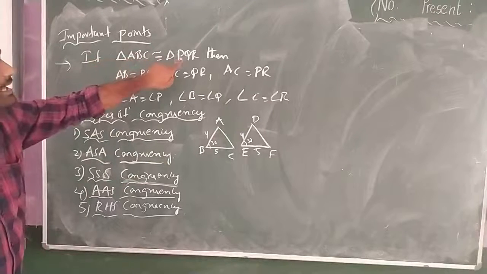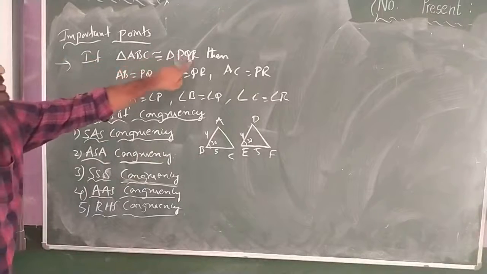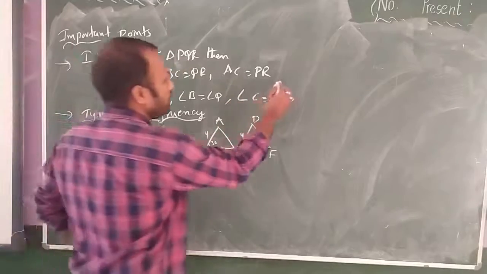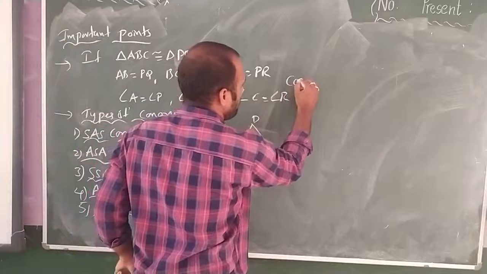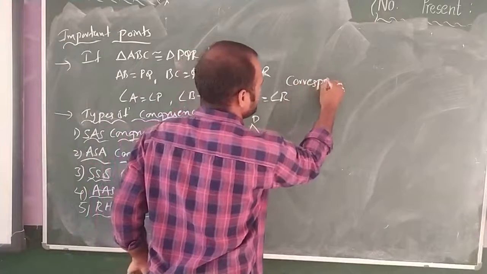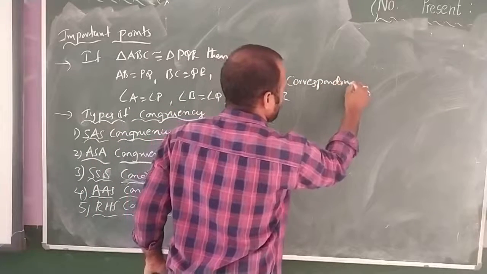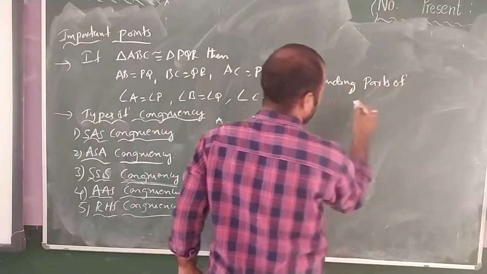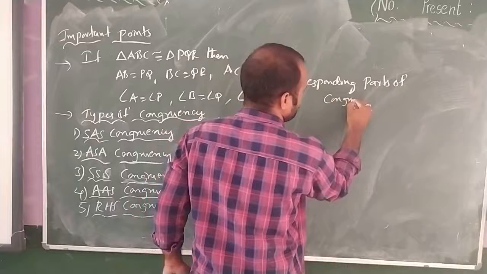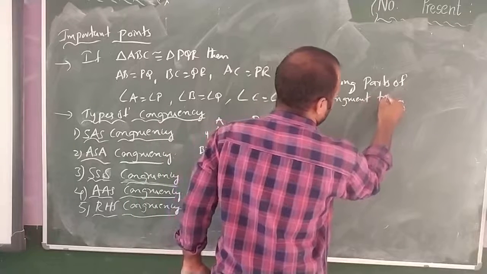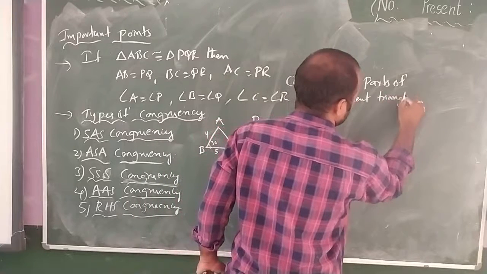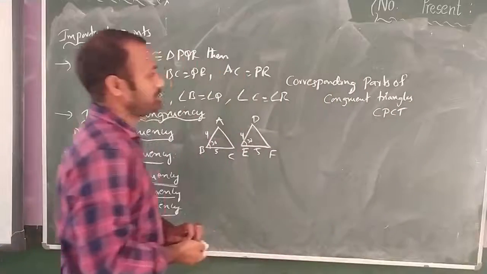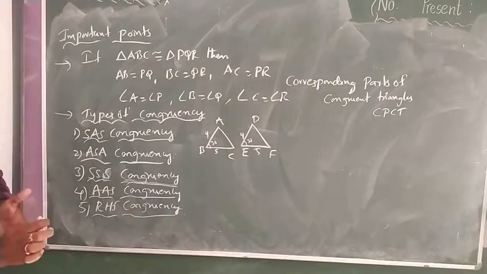That means angle A is equal to angle P, angle B is equal to angle Q, angle C is equal to angle R. So we can use the concept of corresponding parts of congruent triangles, that is CPCT. We can use it directly.